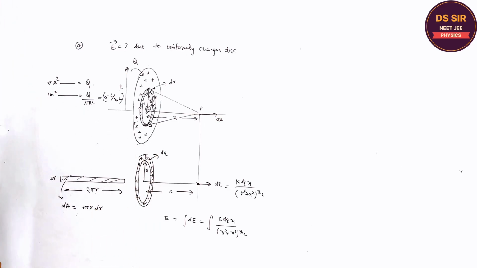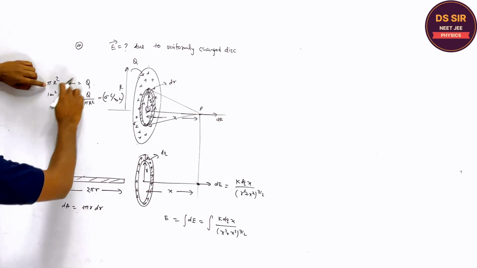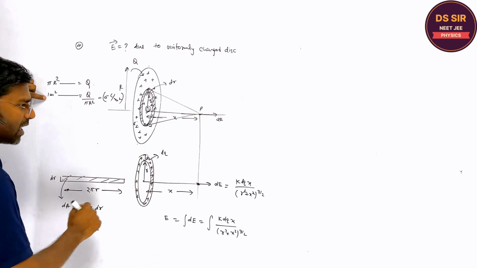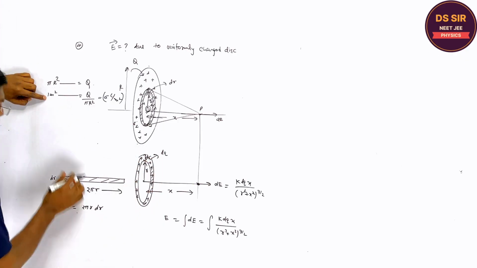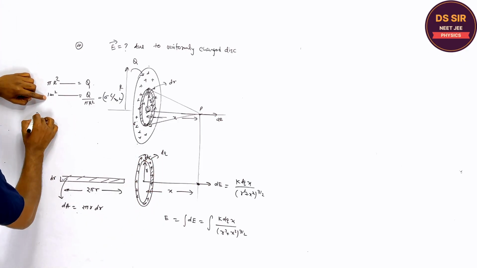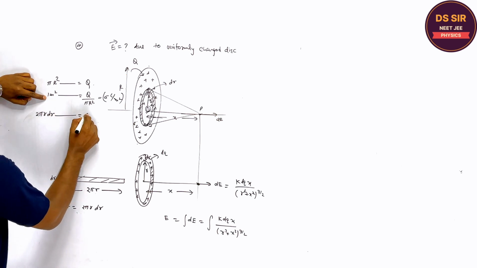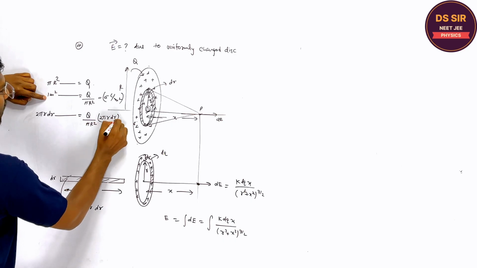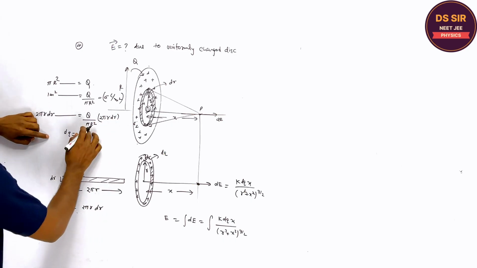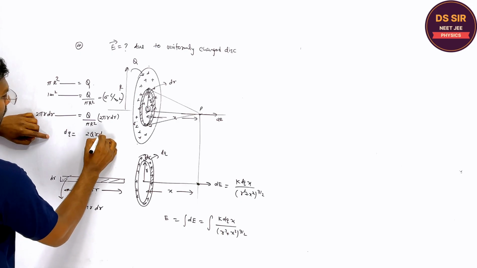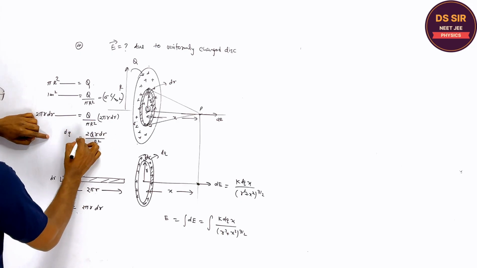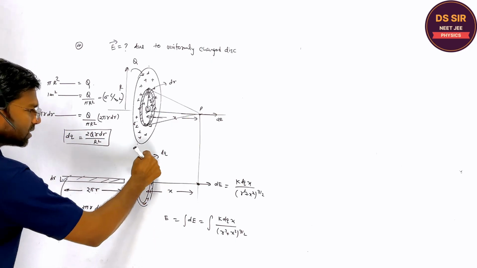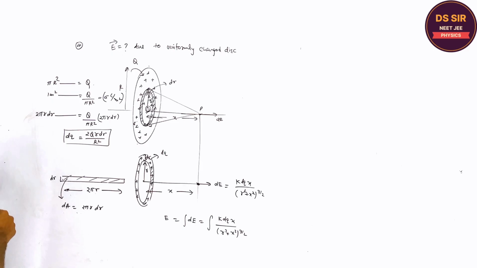So in 2 pi r dr the charge will be q upon pi r square into 2 pi r dr, and this is nothing but dq. Pi will cancel out, 2q r dr upon r square. This is the elemental charge dq in this small strip or ring.